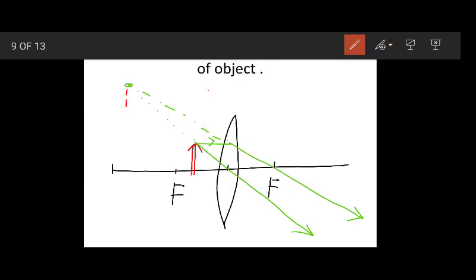This is the virtual image, and also it is magnified. This is also the working principle of a simple microscope or magnifying glass.